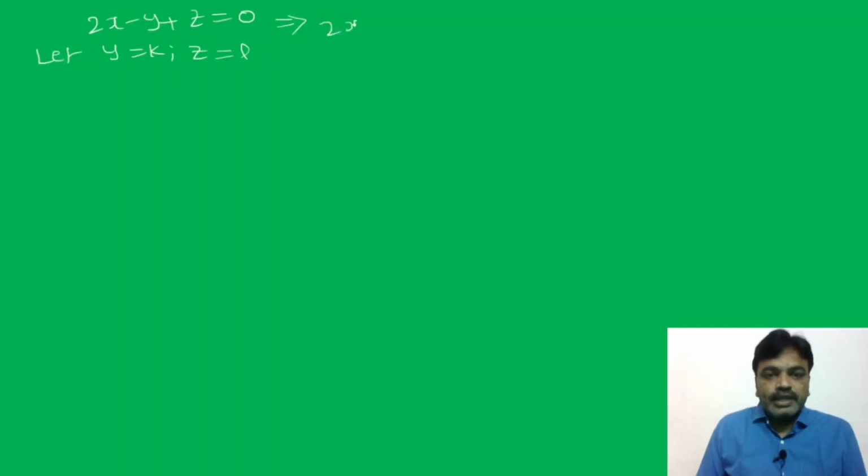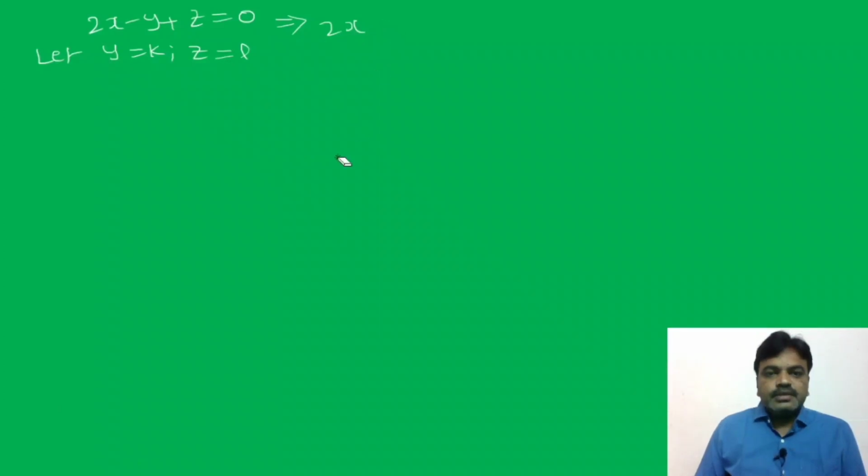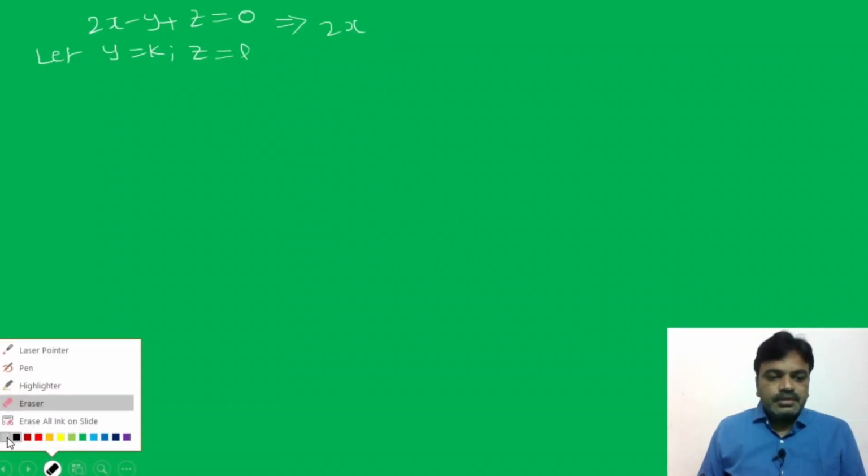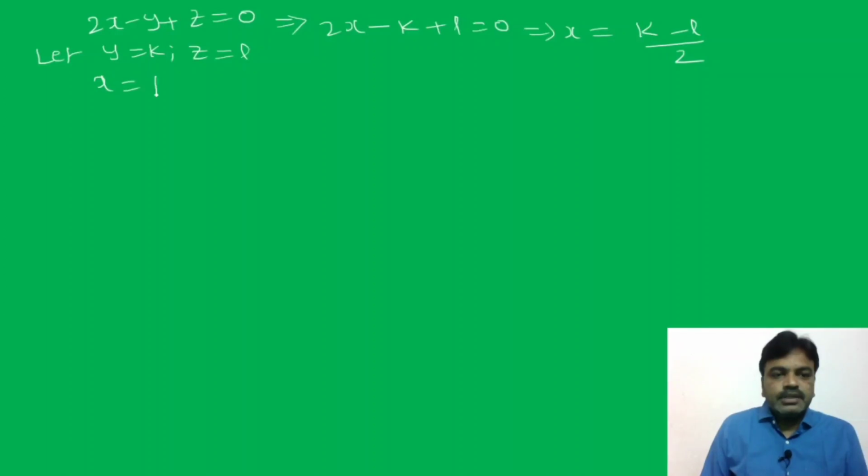So 2x minus k plus L is equal to 0. That implies x is equal to (k minus L) by 2.